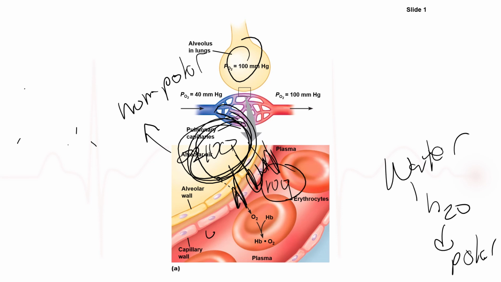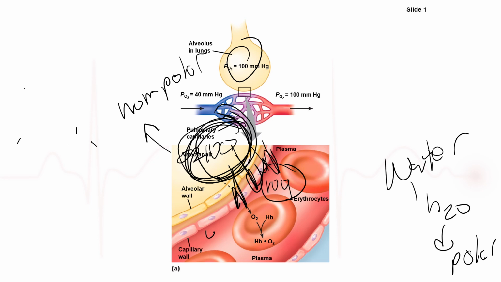And this is all because of Henry's law, right? Oxygen is incredibly nonpolar. The blood plasma is made up of water, which is incredibly polar. They don't exist with each other very well. So very few molecules of oxygen actually need to move from the air in the alveoli into the blood plasma within the pulmonary capillaries in order to drive the partial pressure of oxygen within the blood plasma of the pulmonary capillaries up to 100.